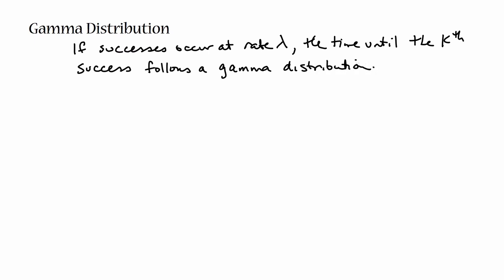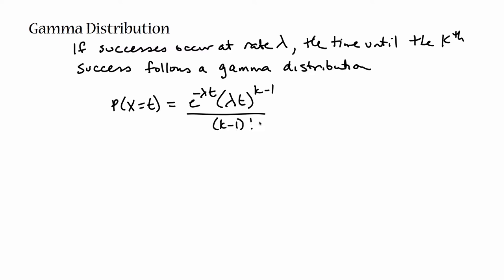This probability density function is a lot less intuitive to look at. For the probability density function, the probability that x is equal to t, because we're looking at the time until the kth success, is equal to e to the negative lambda t times (lambda t) to the k minus 1, divided by (k minus 1) factorial, all times lambda.